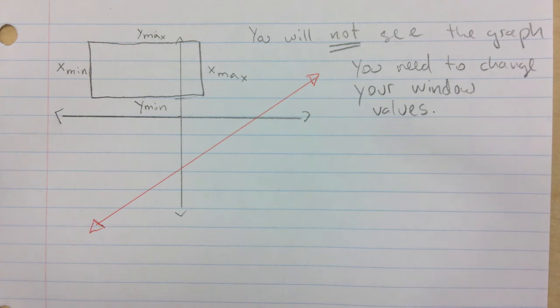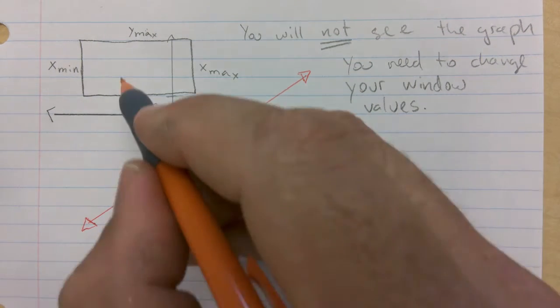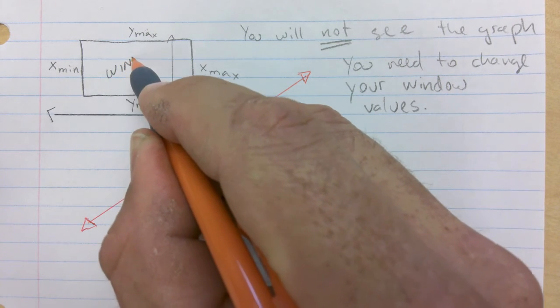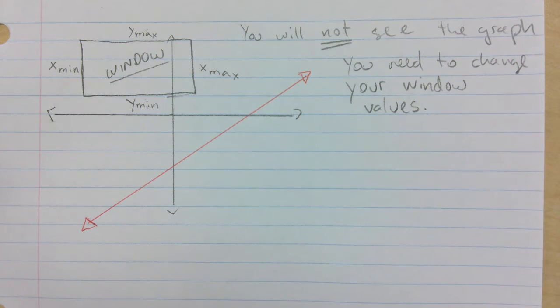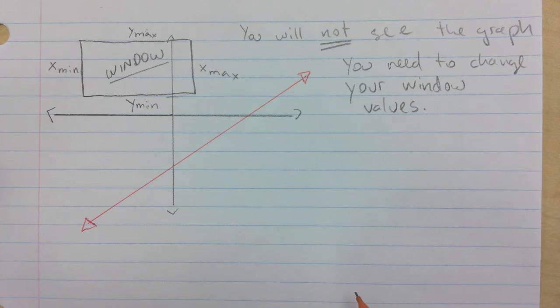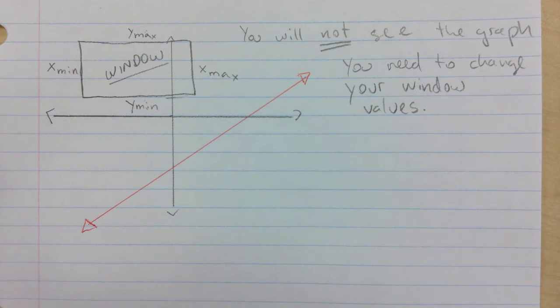Okay. So this is my window. And you have to decide how big that window is going to be. Right now it's probably somewhat gibberish to you, but soon we'll deal with that.